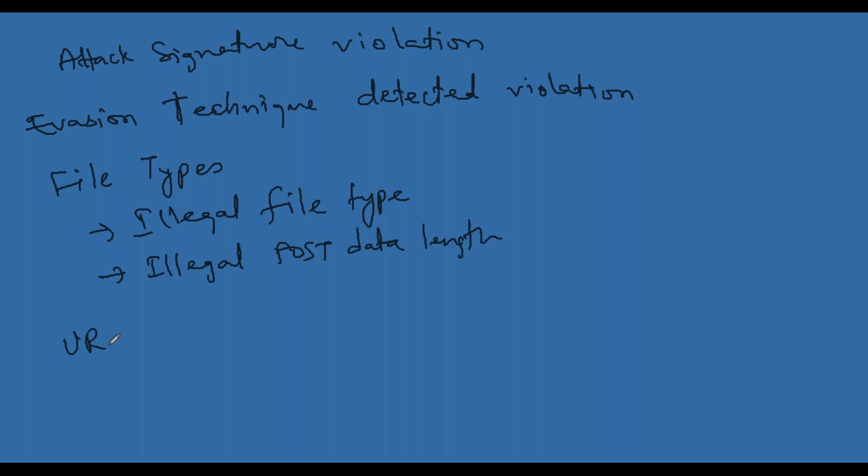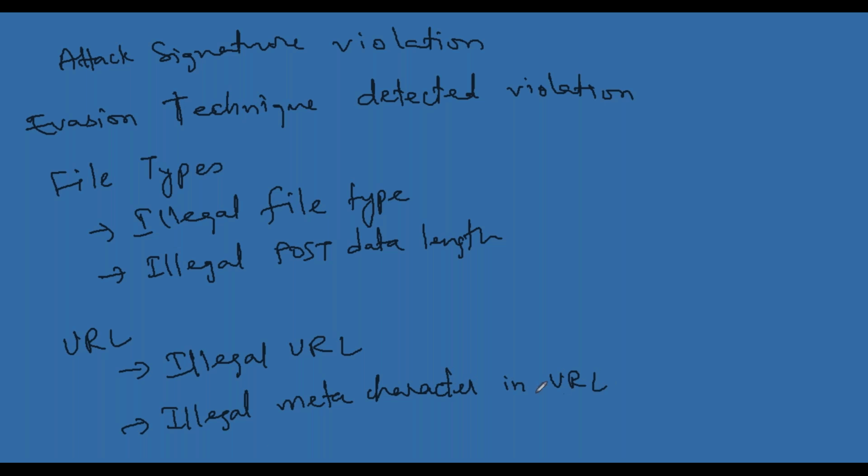With respect to URL, you might get violations like illegal URL or illegal meta character in the URL. Similarly, with respect to parameters, you get violations as illegal parameter or illegal meta character in parameter name or illegal parameter value. It could be anything.